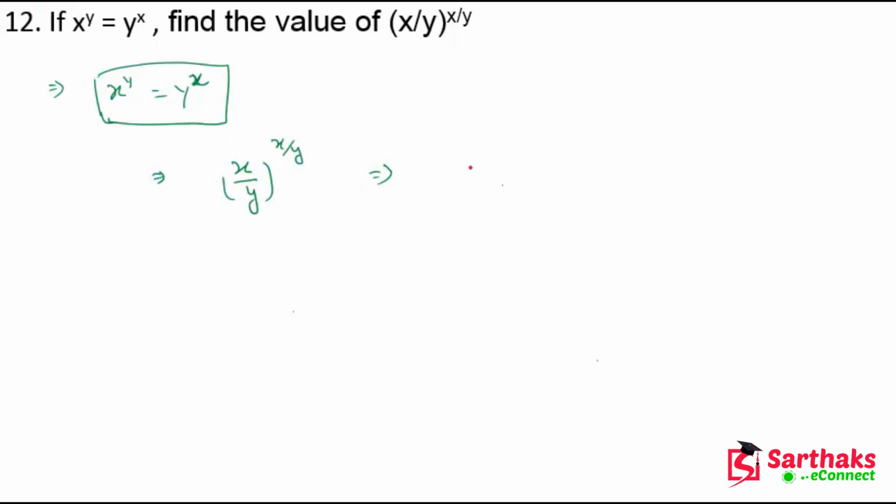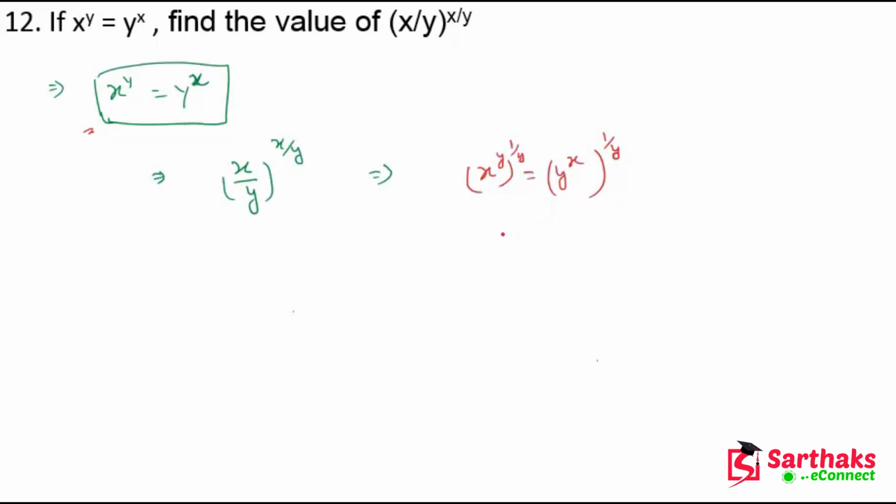So if we change in this equation, here we have x raised to power y is equal to y raised to power x. If we multiply both the sides by 1 upon y, and we have to change this also, this is 1 upon y.